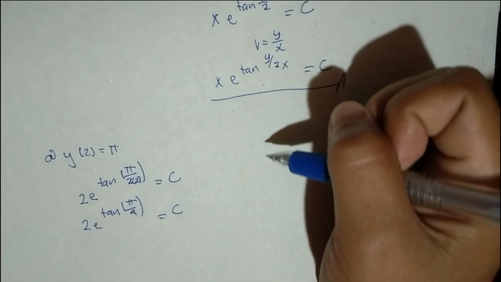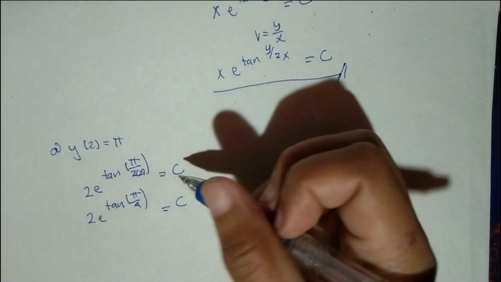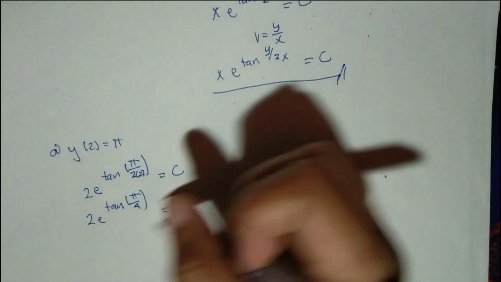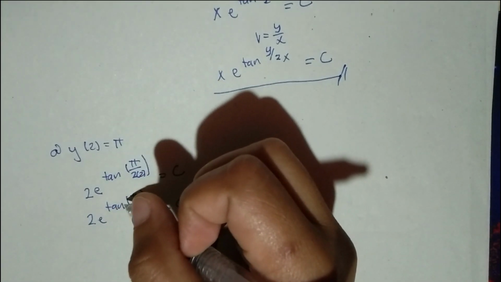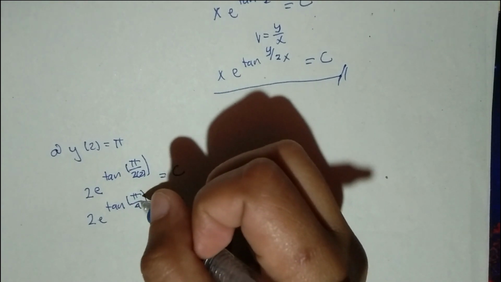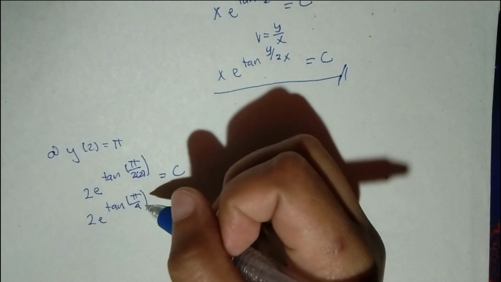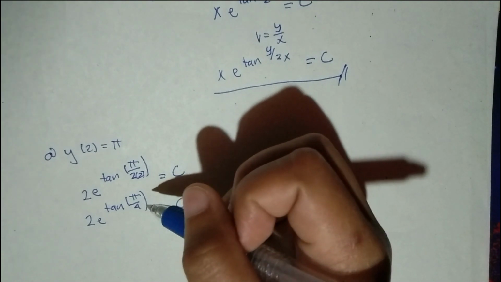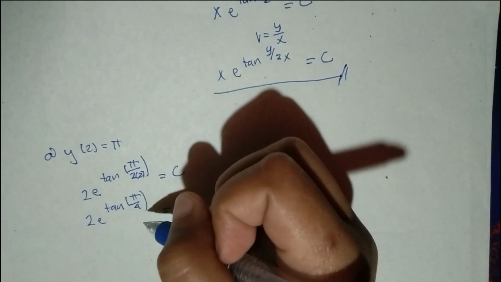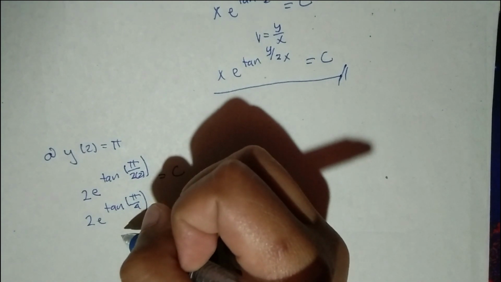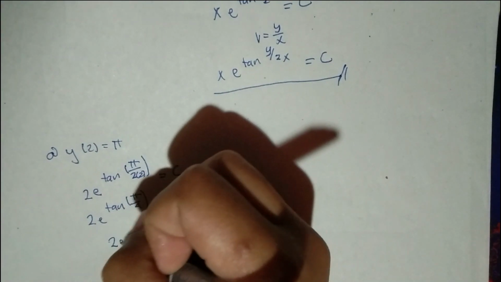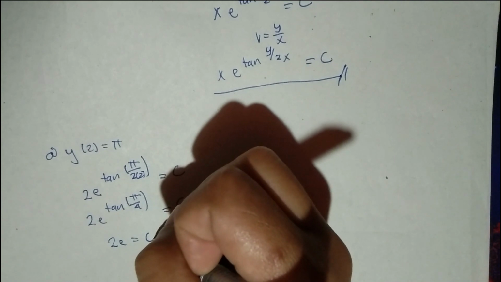So if you input this in the calculator, we will have that tan pi over 4 is equal to 1. So we will actually have 2e = c.